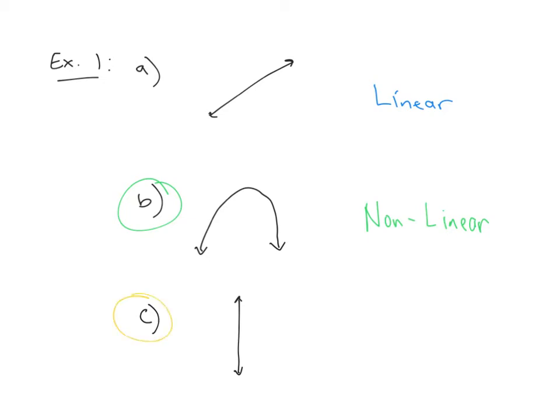And this one here on part C, the problem with this one is that it's vertical, right? I need a non-vertical straight line. So this one's vertical, and I can't have it being a vertical line and linear, so this one's non-linear as well. If it was horizontal, meaning flat, left to right, that would be fine. That would still be a linear function, but something vertical, straight up and down, is non-linear.